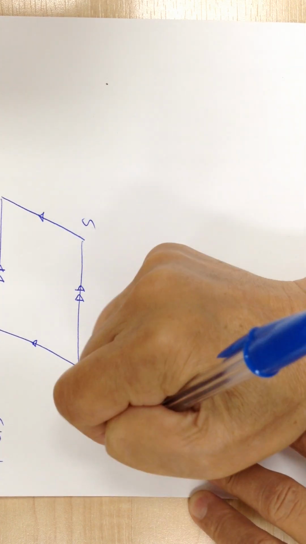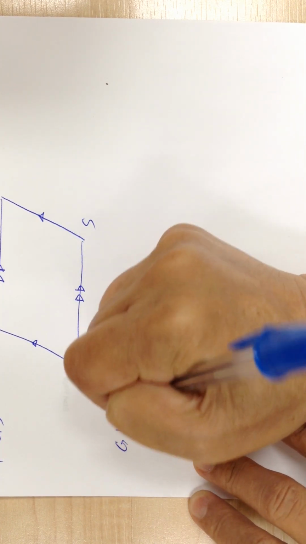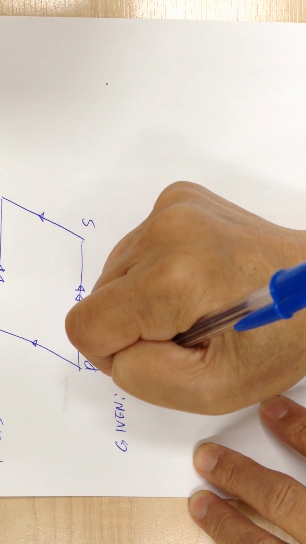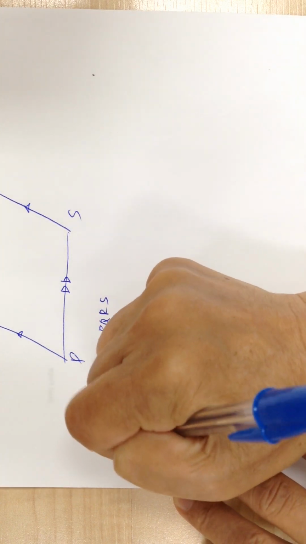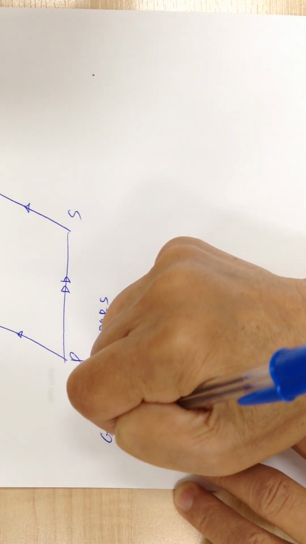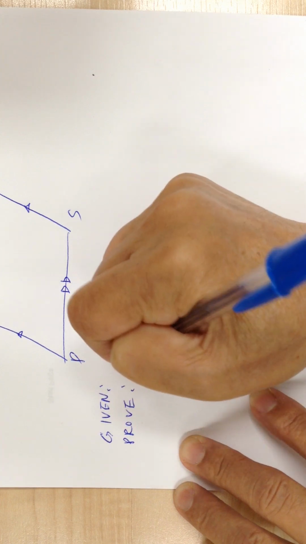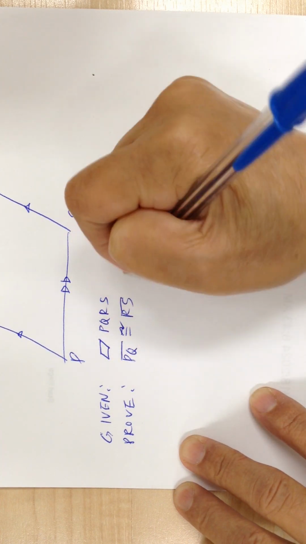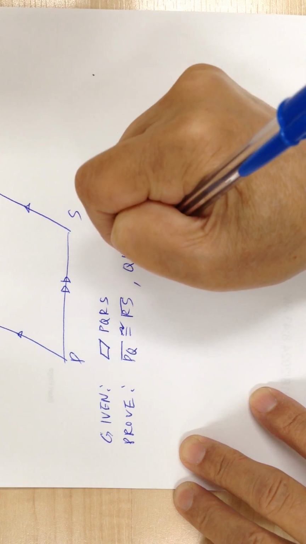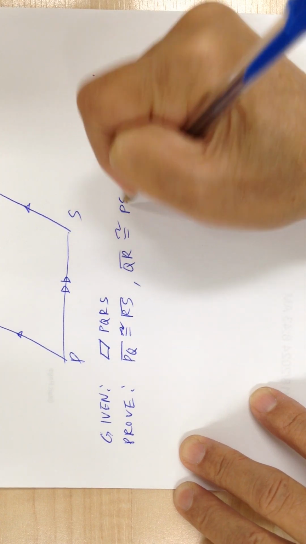The proofs are given, and you want to prove PQ is congruent to RS and QR is congruent to PS.